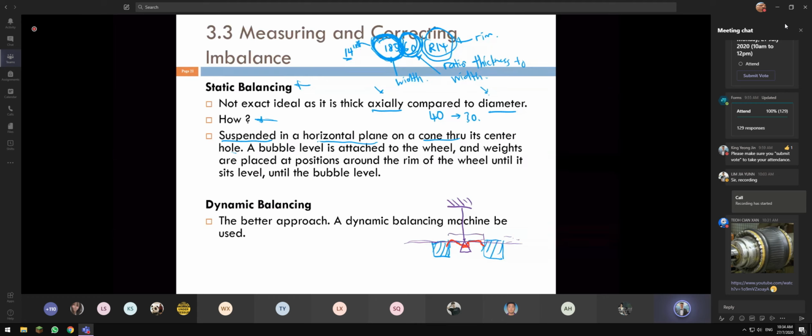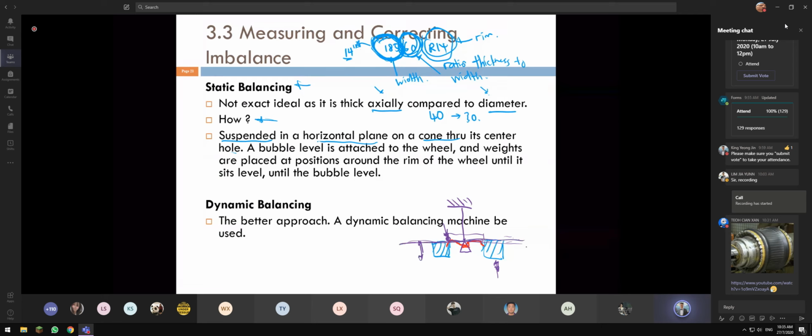You can place this on top, so you see whether they are on a flat horizontal location. For example, if this side is low, you put some mass here to level it. You just add the mass onto this side, so this one will come up, this one will go down until it is level.